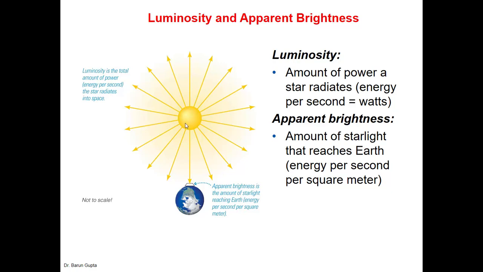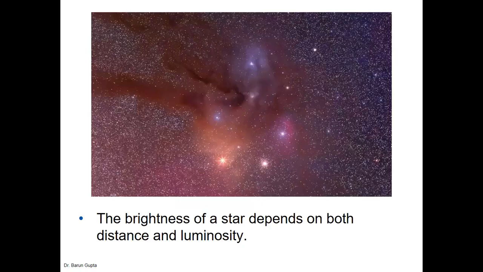And how much light reaches the earth is called the apparent brightness. The unit of apparent brightness is watt per square meter, or energy per second per square meter. This is the apparent brightness.